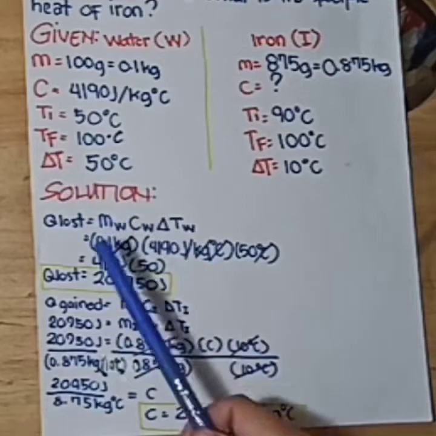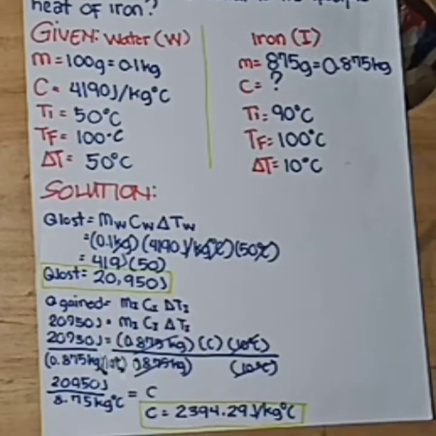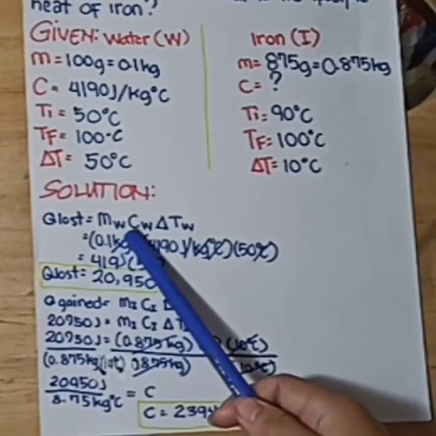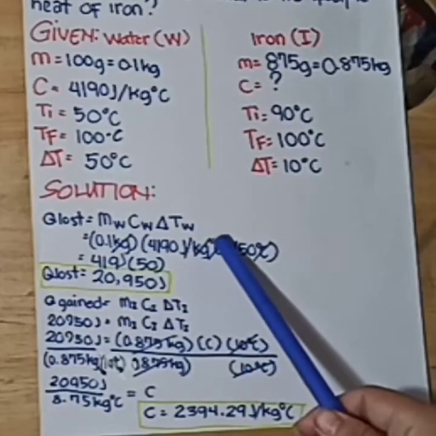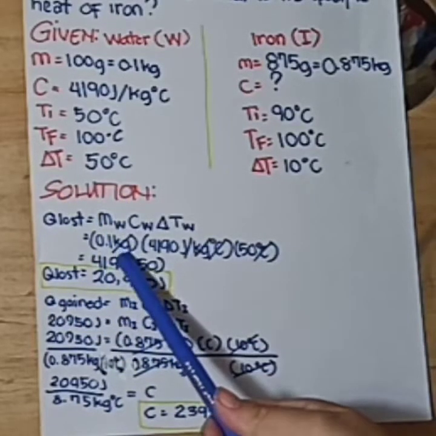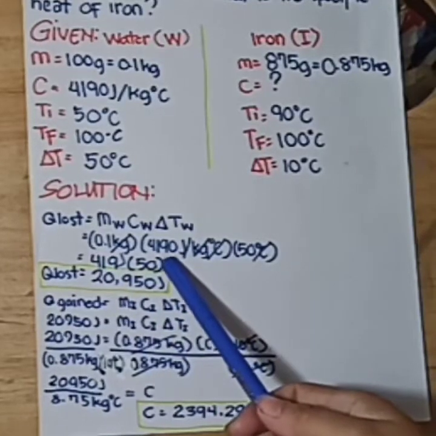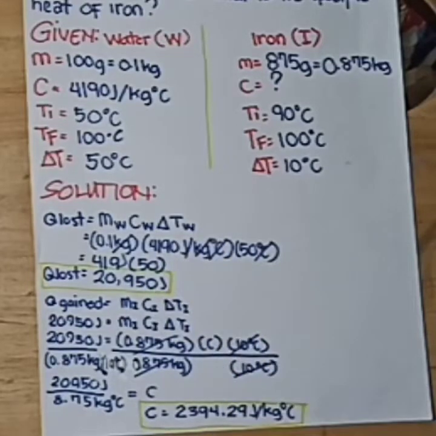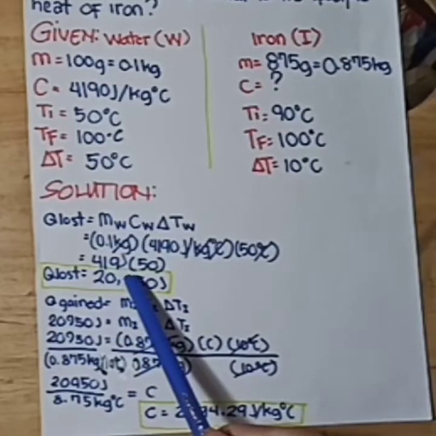First we cancel the kilograms, and then we cancel the specific heat units. Then we multiply 0.1 times 4,190 joules, and we have 419 joules.